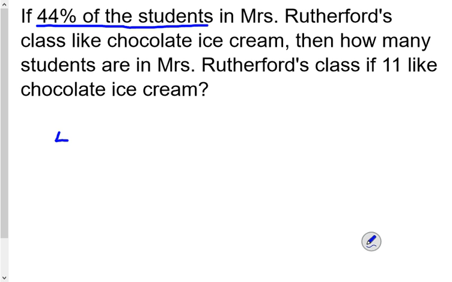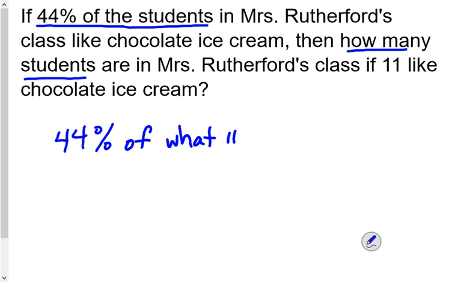So 44% of all of the students, well, I want to know how many students there are. So it's 44% of what number is 11, because it says 44% like chocolate ice cream, and then it says 11 like chocolate ice cream. So that means that 44% of the class is going to be 11 students.